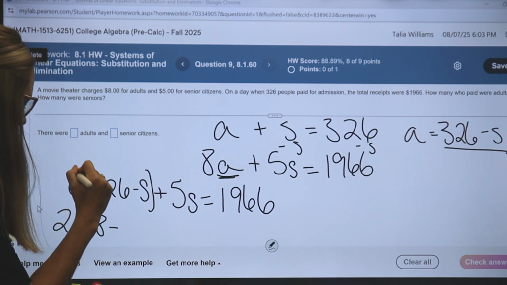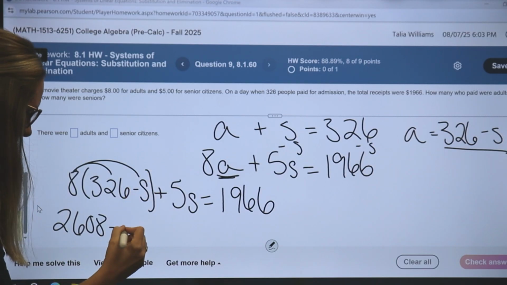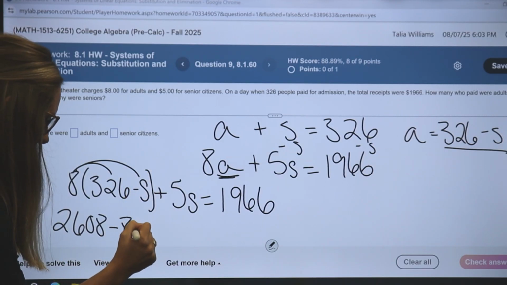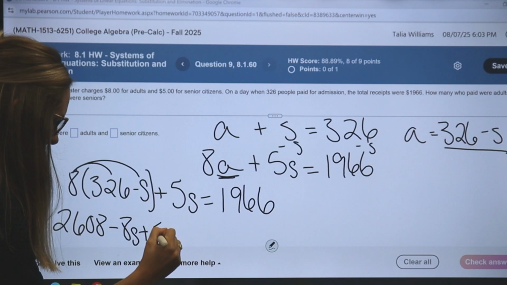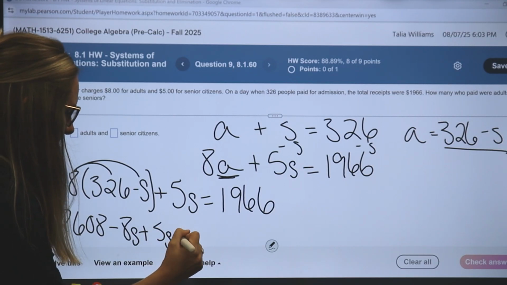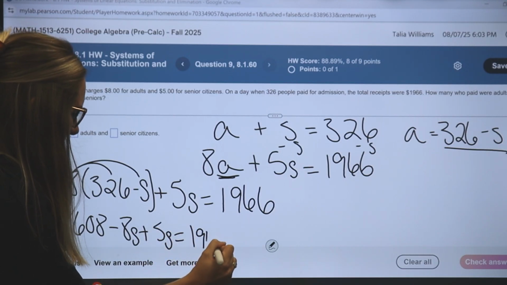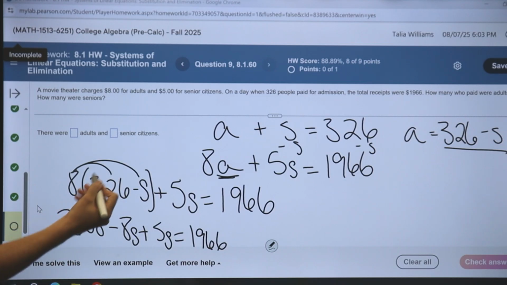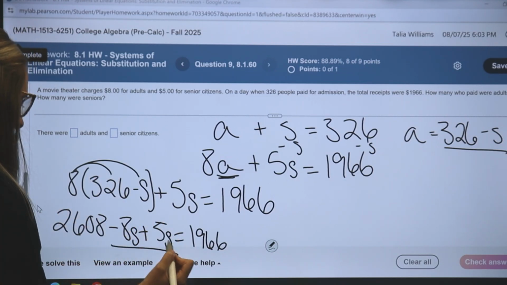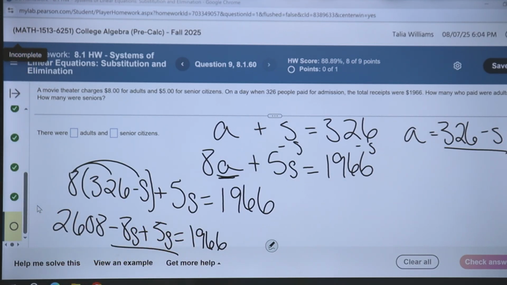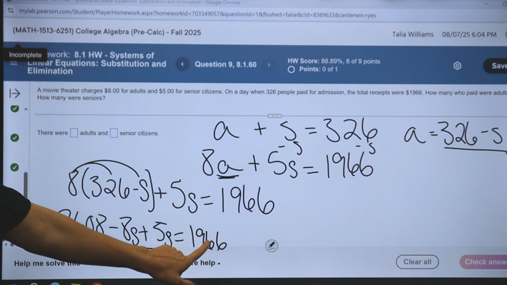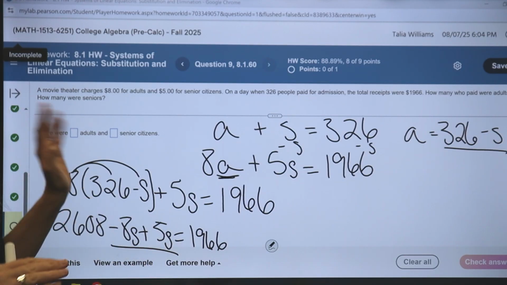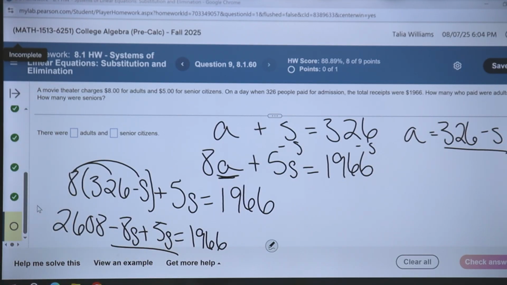And then you're going to do 8 times that, subtract S, and plus 5S. I'm going to combine my S's over here. So a -8 and plus 5, that's going to give me a -3S, which is okay because when I subtract this over, it's also going to be negative, and then the negative divided by a negative is going to make it positive again.